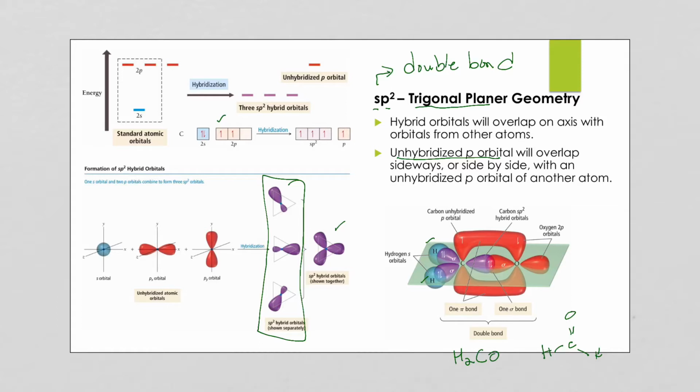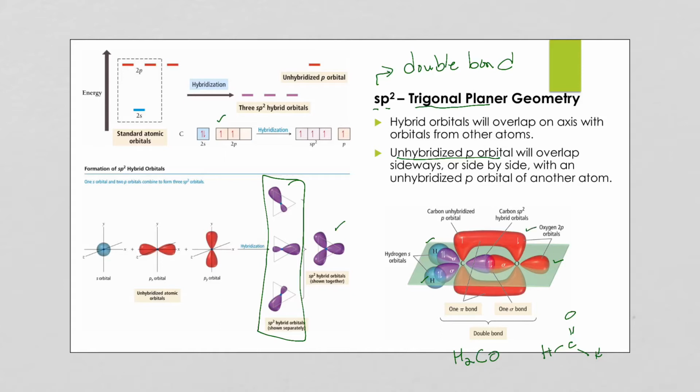For the oxygen, we simply utilize standard atomic orbitals, where we're showing 1 p orbital here and 1 p orbital here.